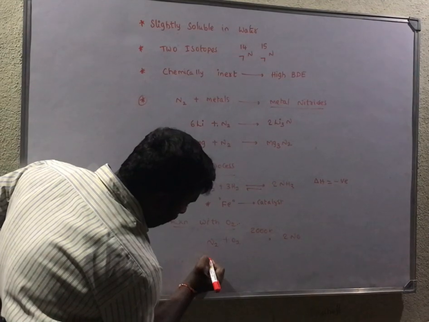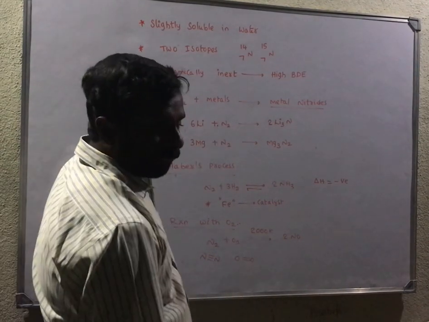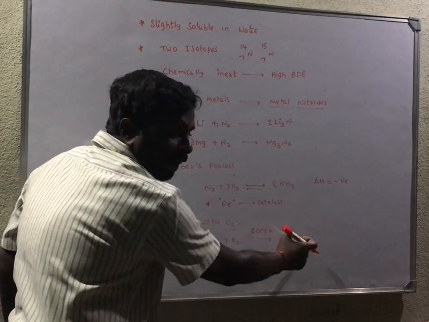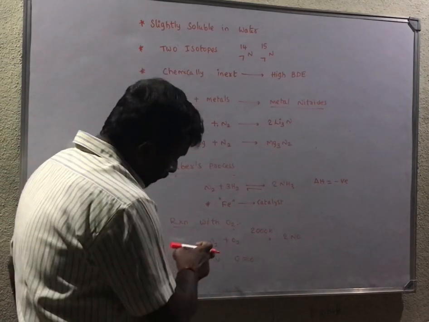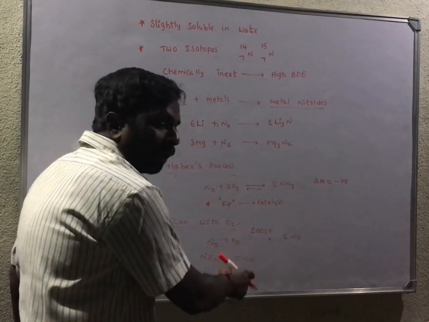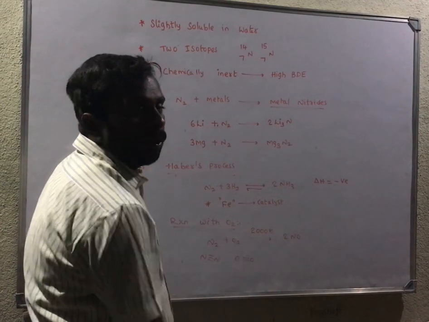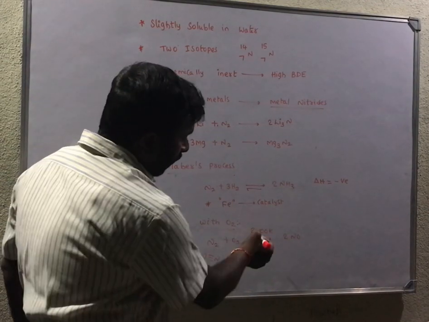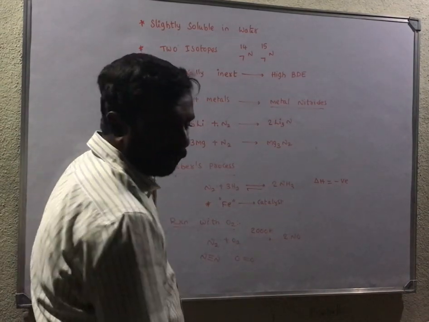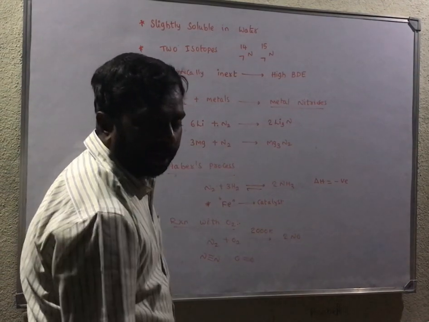Because nitrogen has a triple bond and oxygen has a double bond. These 3 bonds undergo cleavage, and these two bonds also undergo cleavage. All bonds undergoing cleavage means more energy is required. That's why only at very high temperature nitric oxide is formed. NO is nitrogen monoxide, or simply nitric oxide.